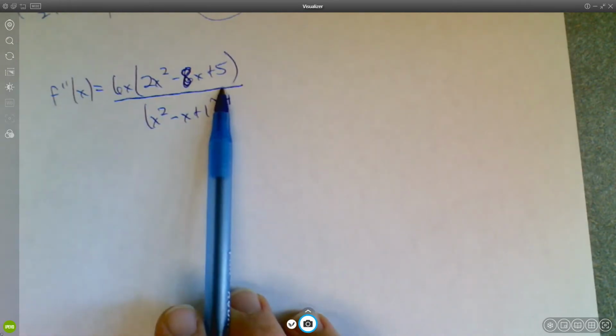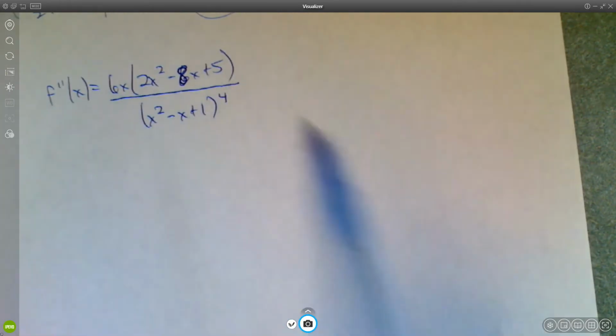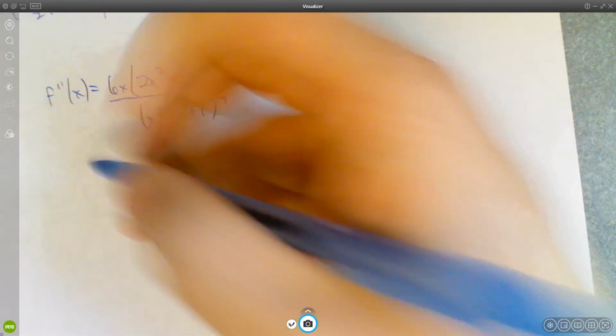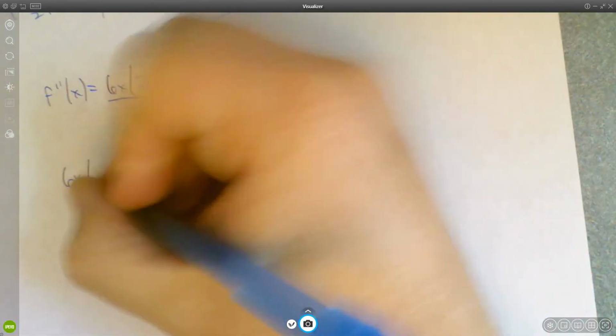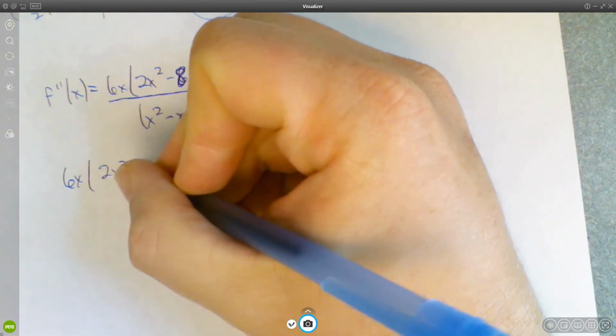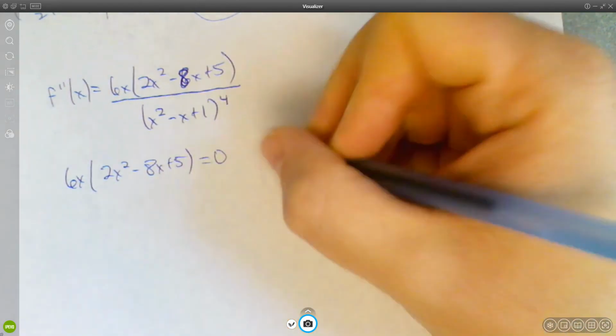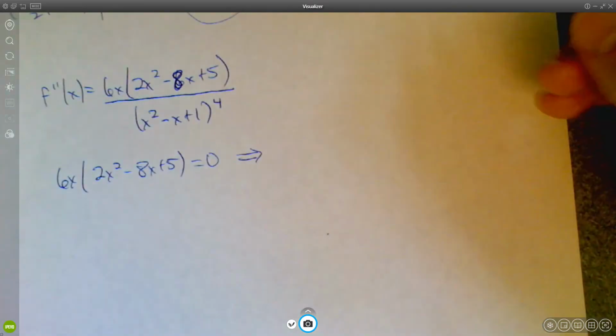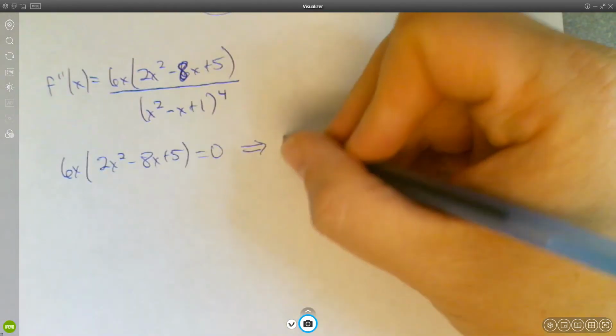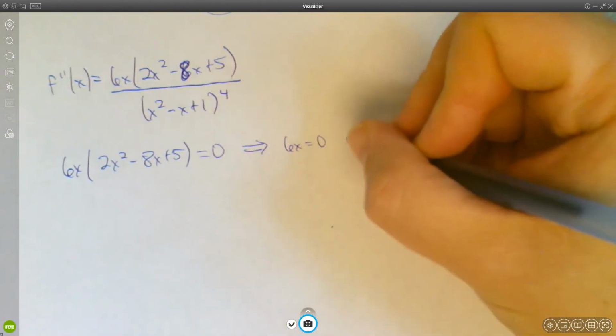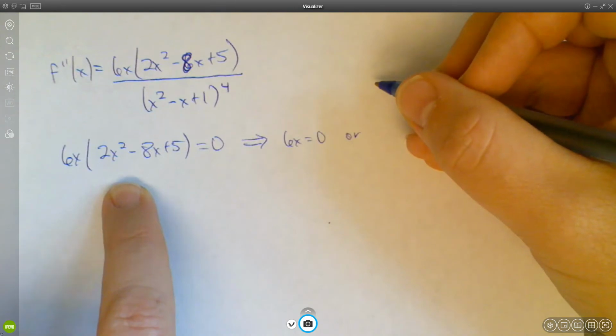However, the numerator could be 0, and wherever the numerator is 0, the second derivative is 0. So let's set the numerator equal to 0 and solve. Okay, so then you get 6x equals 0, or this thing equals 0.